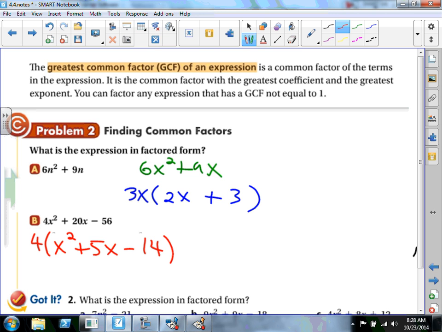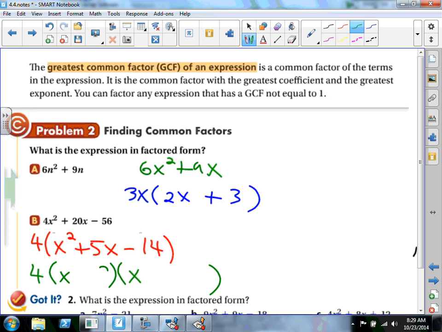Notice that 4 is sitting out front. We don't get rid of it. We don't discard it. So here's the 4, here's my x and my x. Can we factor this again? Does 14 have factors that add up or subtract to be 5? 7 and 2.